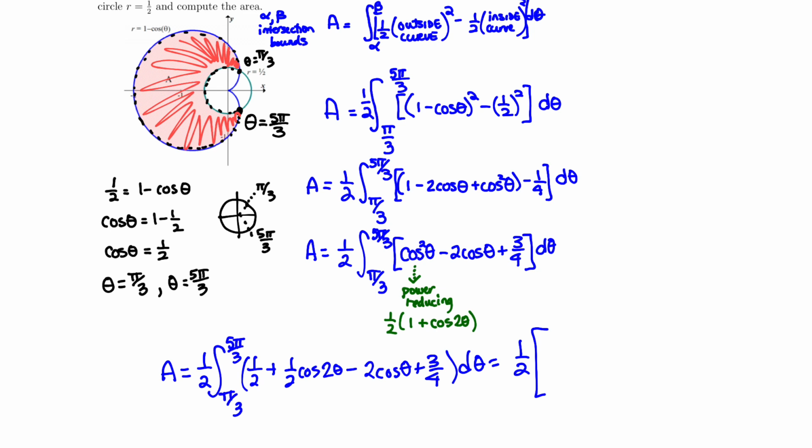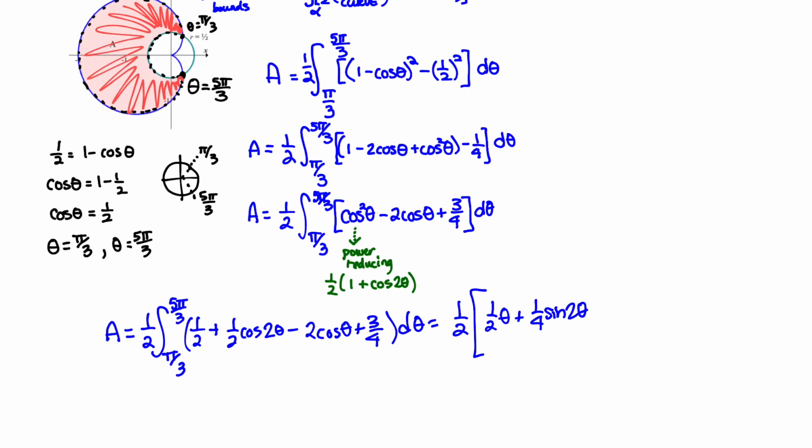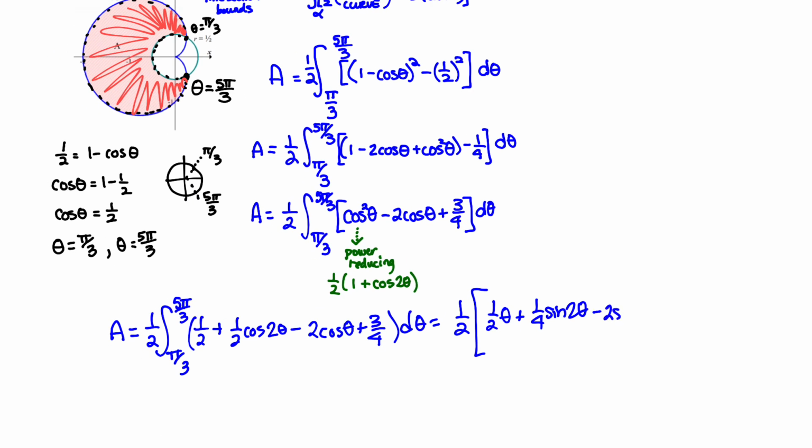And then you can integrate, right? 1/2 theta plus 1/4 sine 2 theta minus 2 sine theta plus 3/4 theta from pi over 3 to 5 pi over 3.